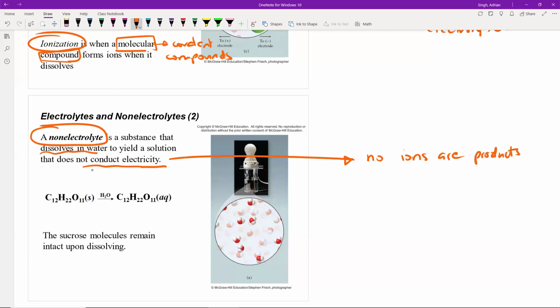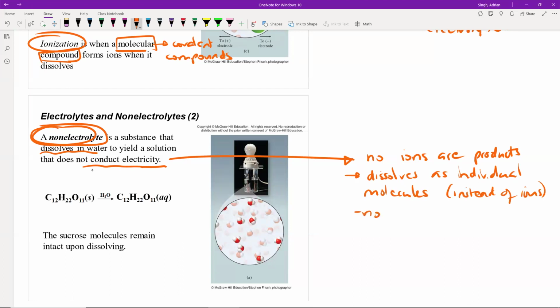Instead, a non-electrolyte dissolves not as ions, but as individual molecules. And because there aren't any charged particles present, it's unable to conduct an electric current.